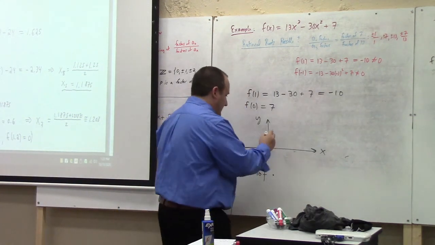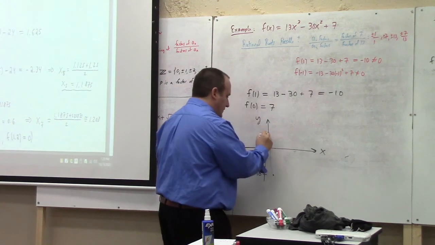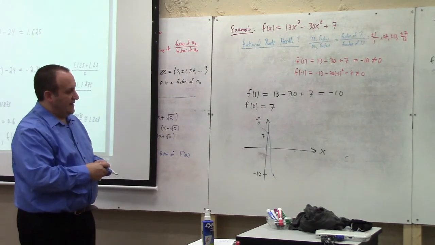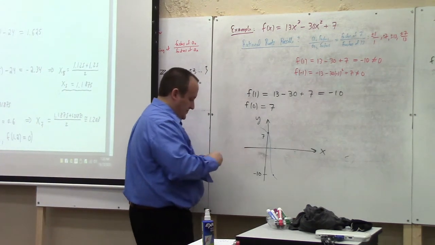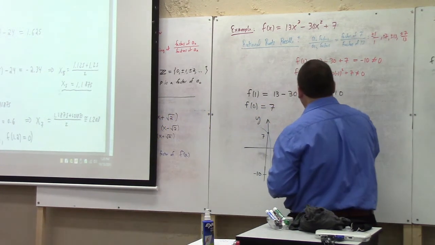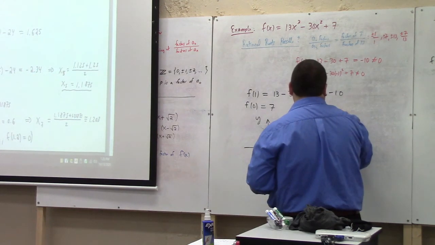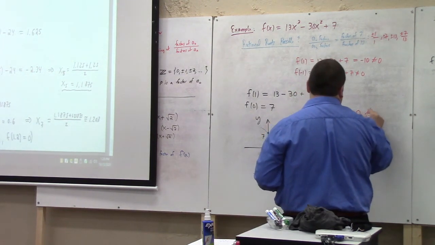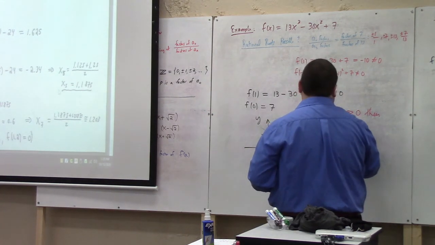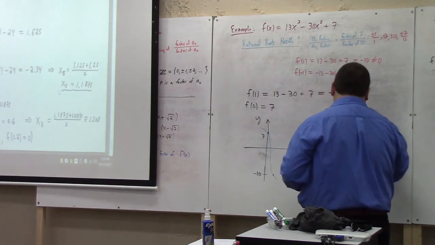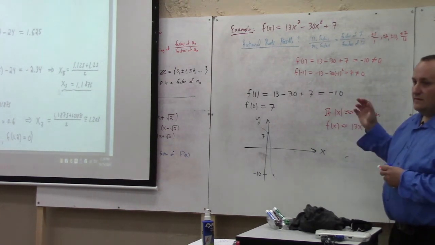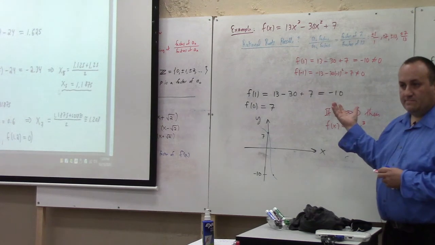I'm not telling you where that happens, and I don't know exactly what happens past here. Actually, I'm pretty sure I know what has to happen. Here's some other thinking we can use. If the absolute value of x is much, much greater than 0, then f of x, for all intents and purposes, is 13x cubed. There's a principle of graphing polynomials: the leading term wins after a while.